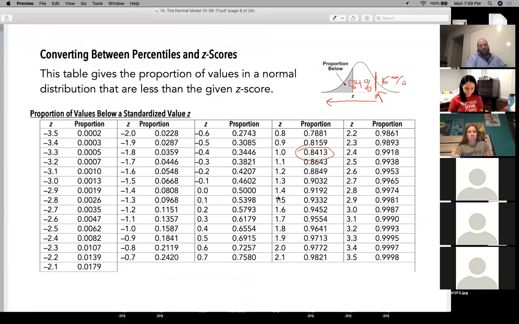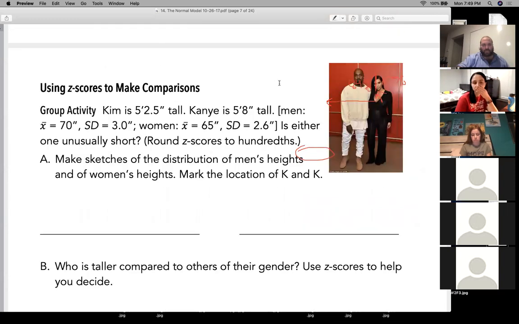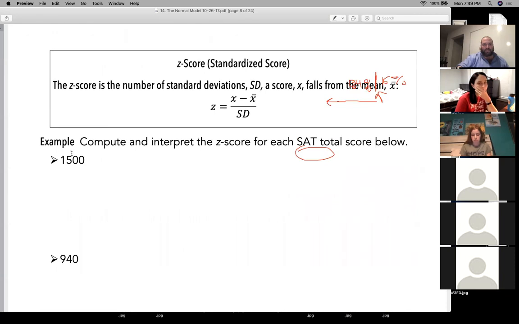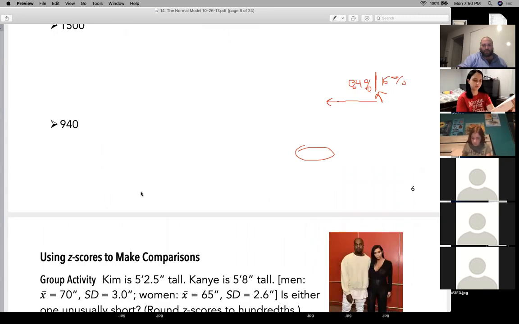So anyways, the way we do z-scores, if you're ever wondering what percent is to the left of a certain value, you compute the z-score and then you go to the table. Like, for example, the ones we did a few minutes ago. What was our z-score for 1500 on the SAT? 2.26.